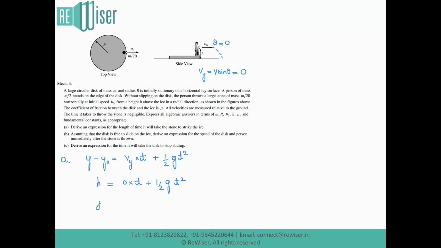When I rewrite the formula in terms of t, I get t is equal to the square root of 2 times h divided by g. So this is the expression for length of time taken for the stone to strike the ice. This is assuming that there is no air resistance.